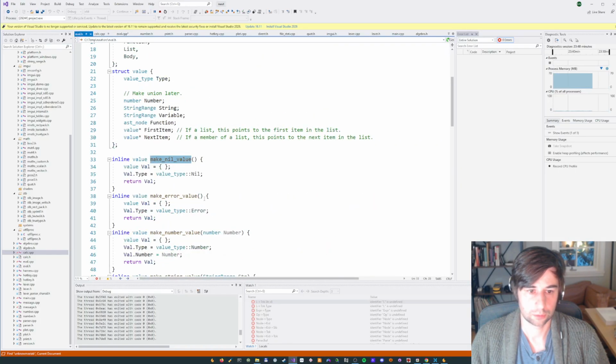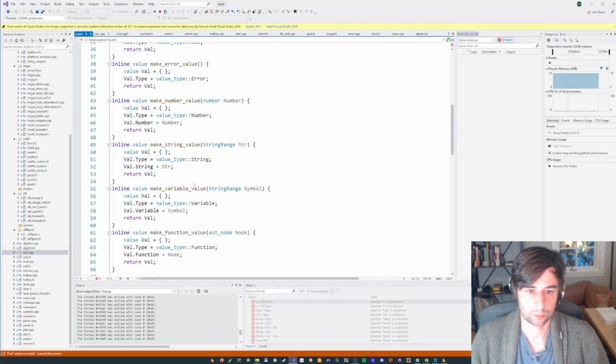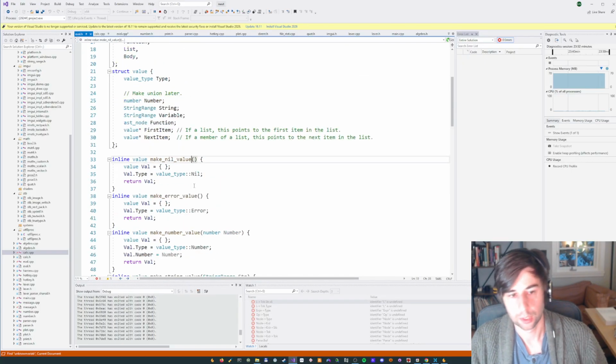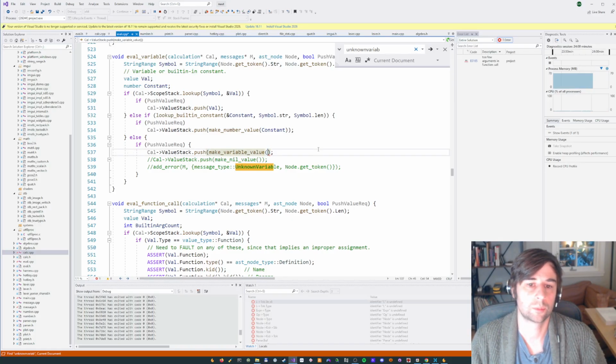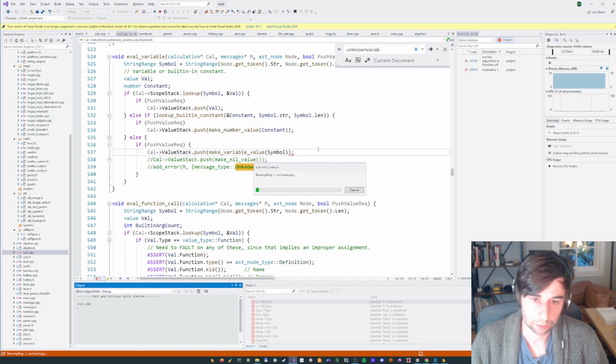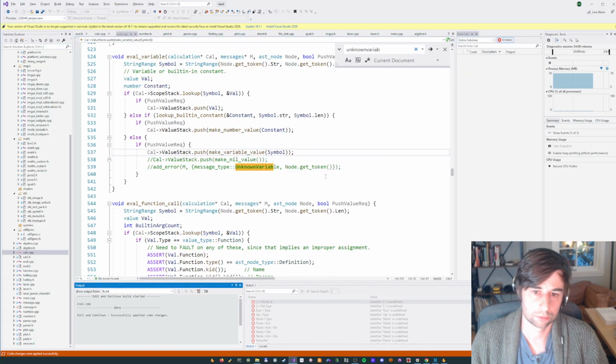Not nil value, can we make a variable value? Is that crazy? I don't know if the evaluator is going to barf, because it might say there are still values on the stack, but I don't know what will happen. So what if I make a variable value with symbol? What is that going to do? Is that going to crash out? No.